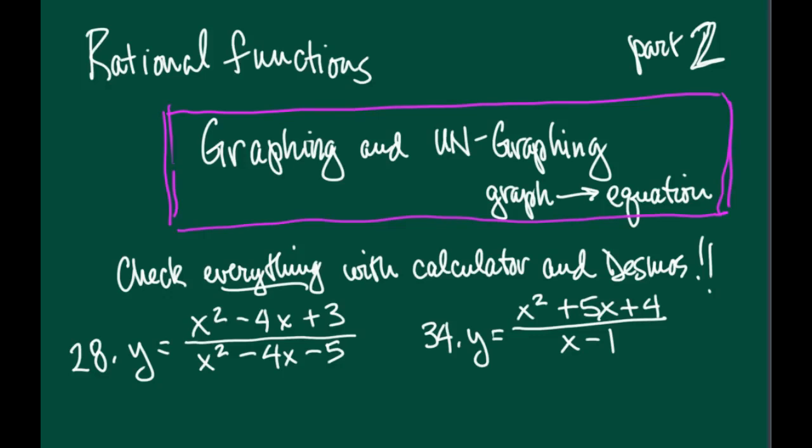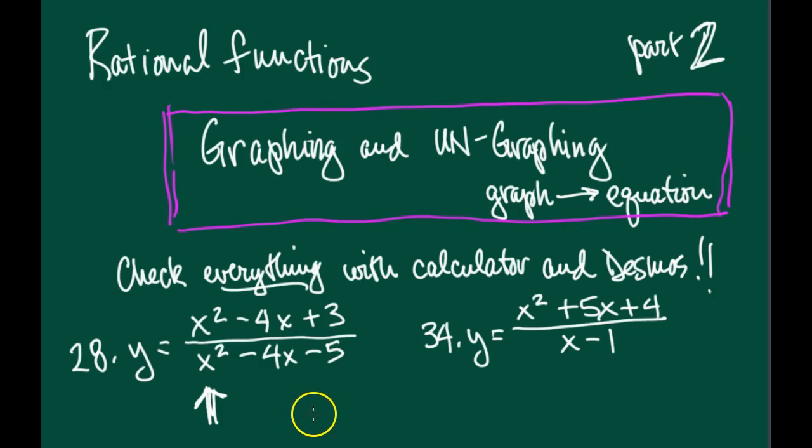Okay, now for part 2, still graphing, not yet to the ungraphing part. So we're going to graph these two that we see here. Now I would just like to point out before I scroll down that one thing that should catch our eye immediately is these two have the same degree.